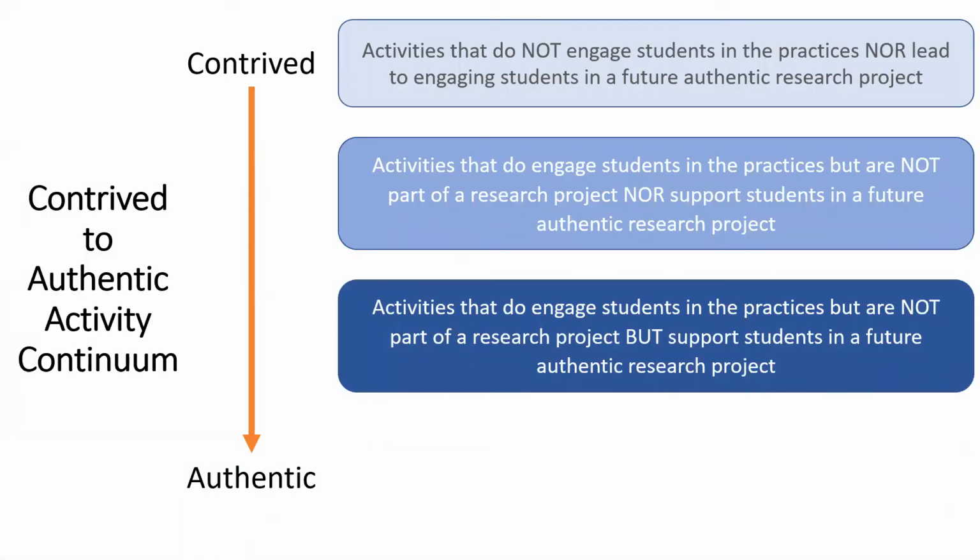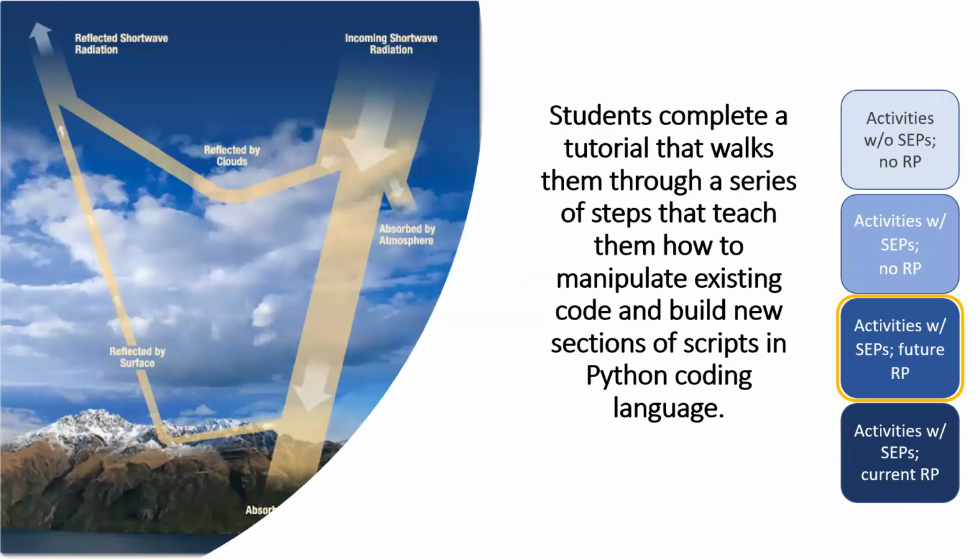This third category is where students do engage in the practices, and these activities are not part of an ongoing research project, but ultimately this activity will support them in doing future authentic STEM research. This is in line with what Max talked about, that the students completed tutorials that walked them through a series of steps to teach them how to manipulate the code and look at the data and prepare charts and graphs and models and maps, so they really practiced doing that.